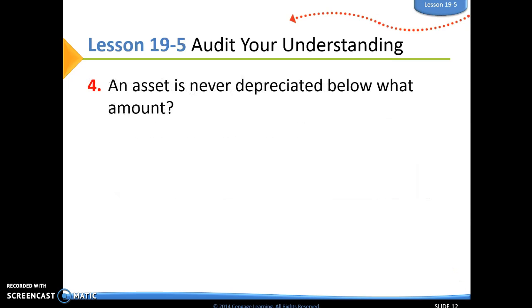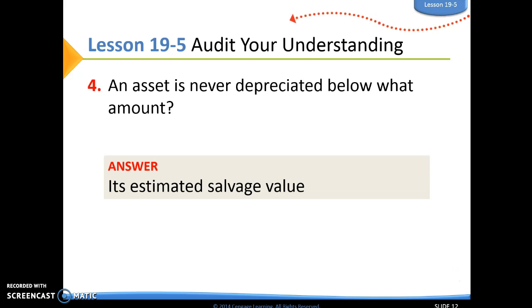And the last one, number 4, an asset is never depreciated below what amount? It will never be depreciated under the estimated salvage value.